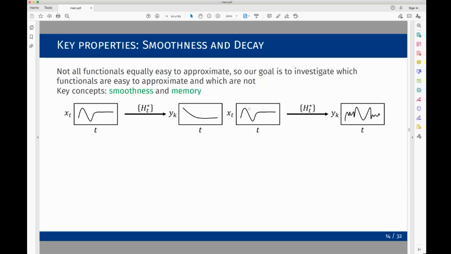Okay, so the key concepts in answering these questions are the so-called smoothness and memory properties. Suppose we have an input signal that looks like this, xt. The first functional ht star gives us an output yt that looks like this. We can see this time the output seems very smooth.